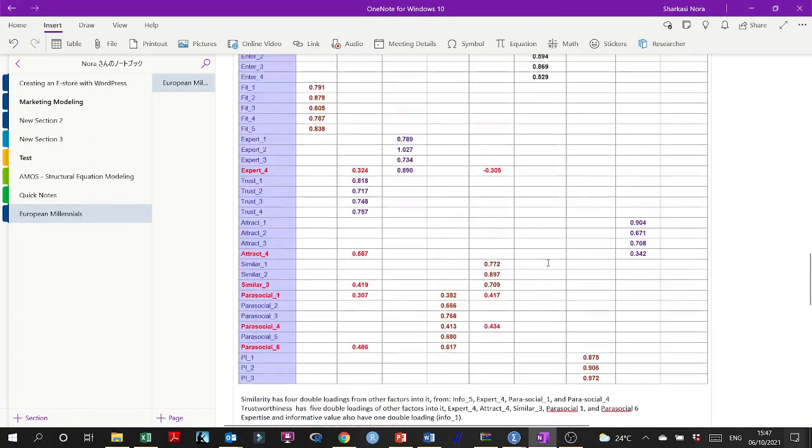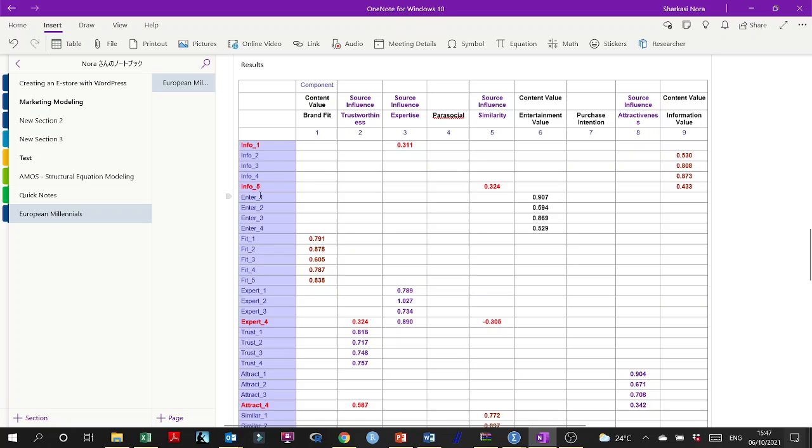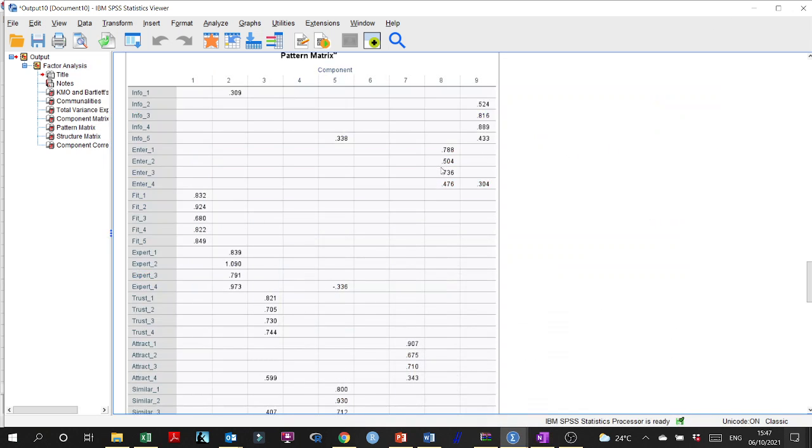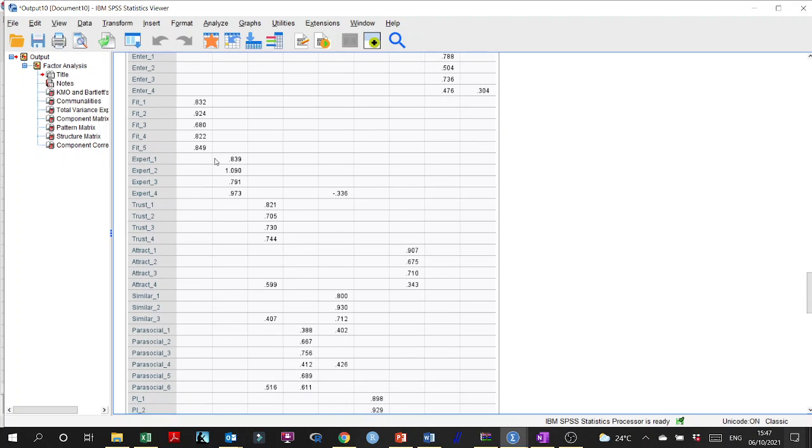Now we can compare. Oh yeah, here, entertainment was not loading into info before. You see that? Entertainment was not loading into info before. Fit is cool, and expertise is very awesome. Here is 0.9, here's minus. Okay, no problem.